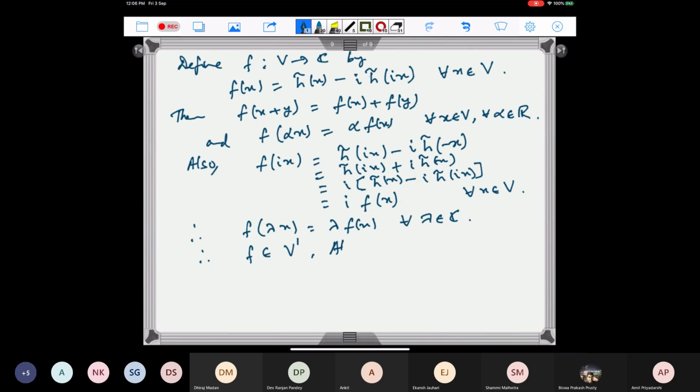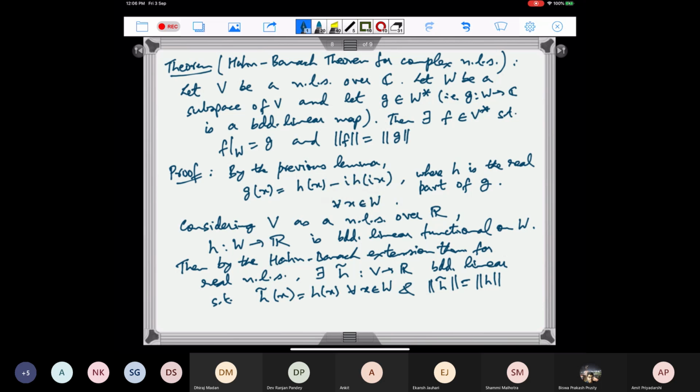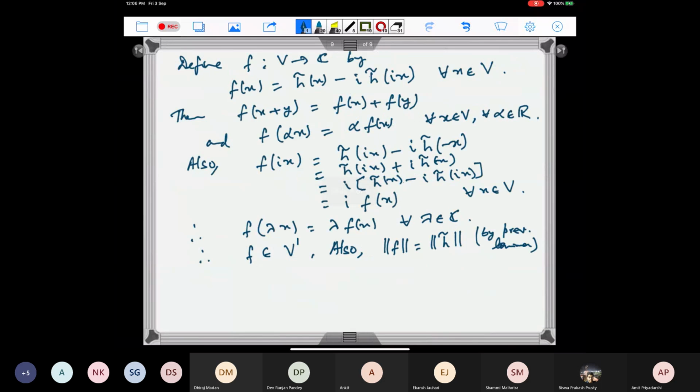Also, what is the norm of f? The norm of f will be equal to the norm of h tilde. This is by the previous lemma. And the norm of h tilde is equal to the norm of h. So therefore, this is equal to the norm of h.